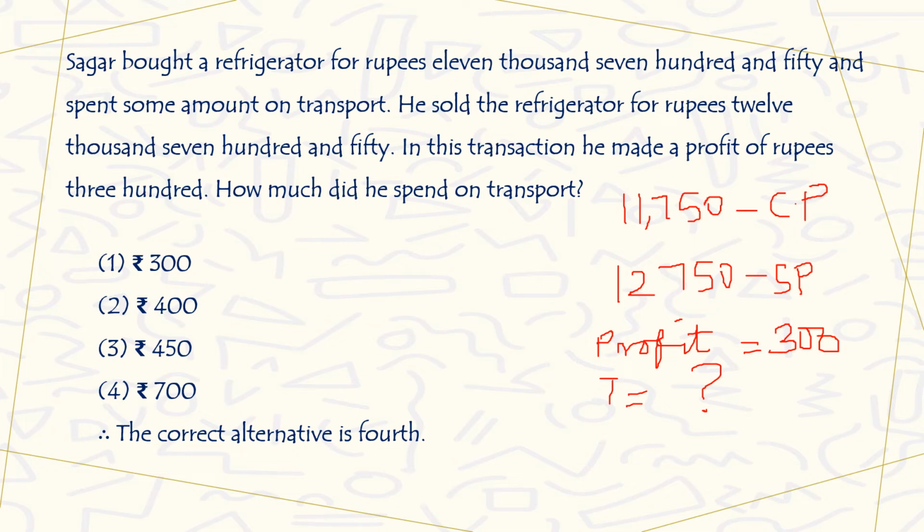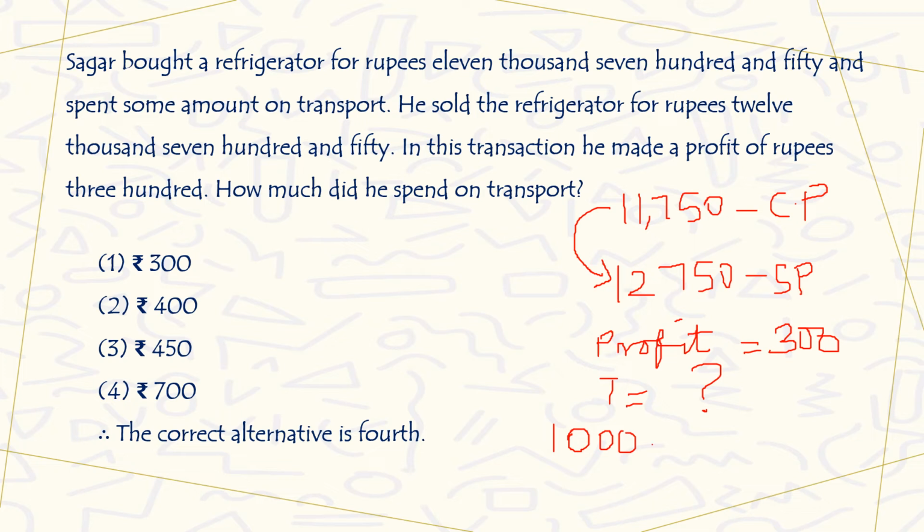I will explain again. You subtract these two things, when you subtract 11,750 from 12,750, you will get 1,000 rupees, right? 1,000 rupees was his profit after selling it.